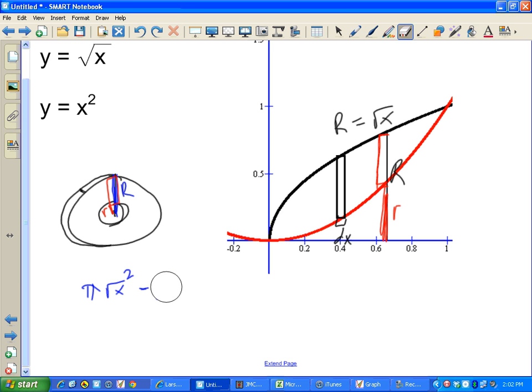Right now this is the area of the whole thing. I need to subtract the area, so pi r squared with a little r being the inside function squared. And I need to integrate this with respect to x, because that's going to allow me to add up all the washers that I would get from that.